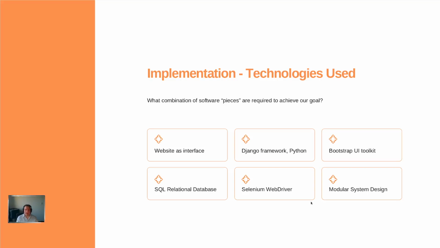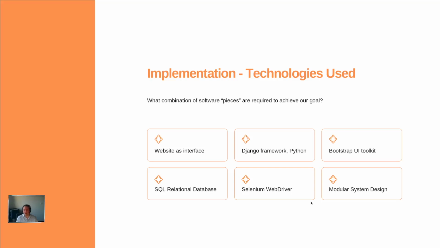We've also asked the question regarding the database. How does the database look? Do we know what kind of data we're going to store? Is it predictable? The answer was yes, so I chose a relational SQL database.